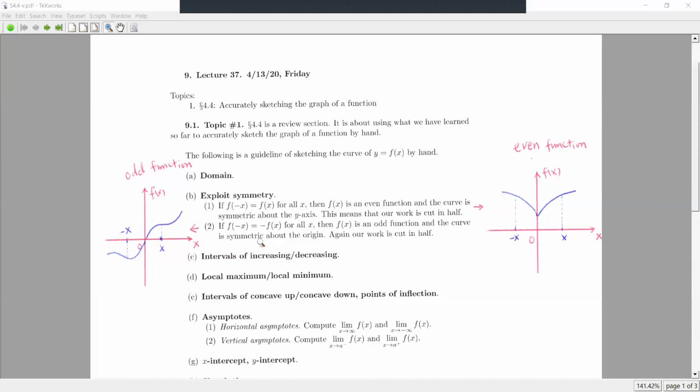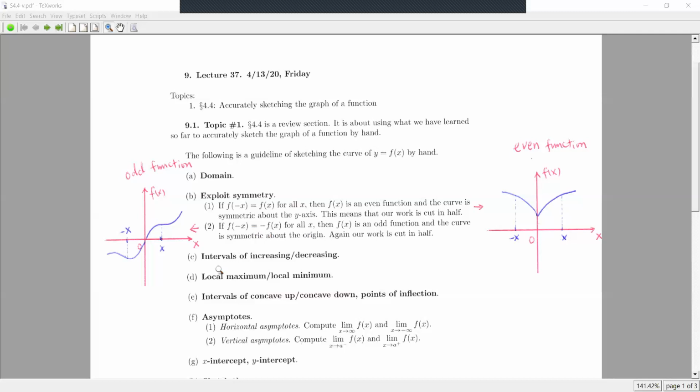To know whether or not a function is an odd function, have a check with this equation. If this equation is true for all x, then the function is an odd function.